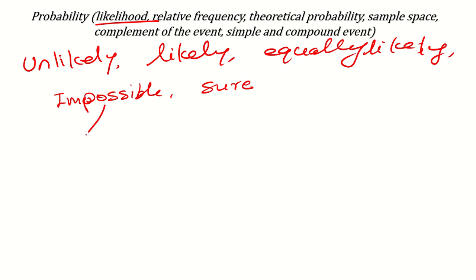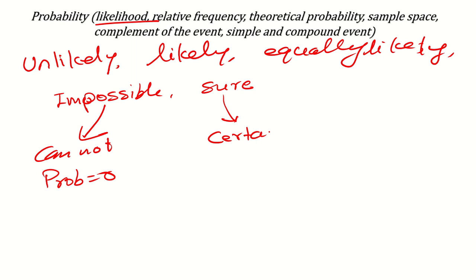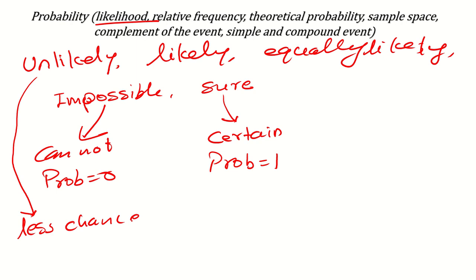Impossible means it cannot happen, and its probability will always be 0. Sure event means it is certain, compulsory it will happen, and its probability will be equal to 1. Unlikely means it has very little chance.